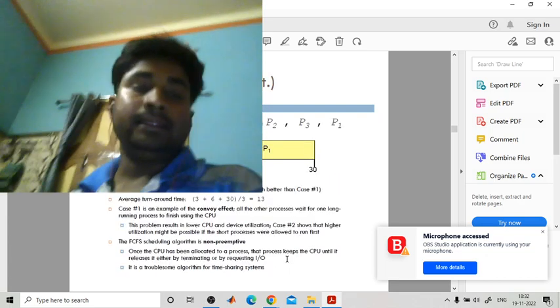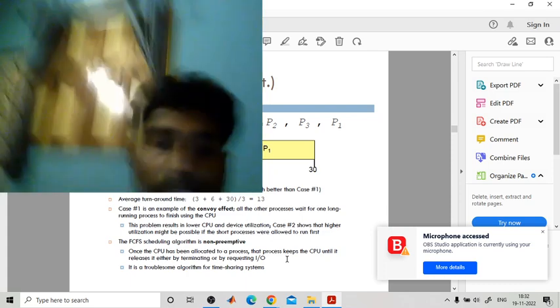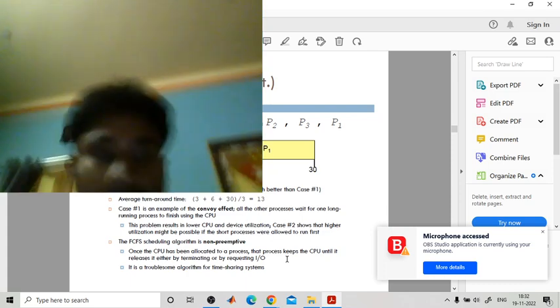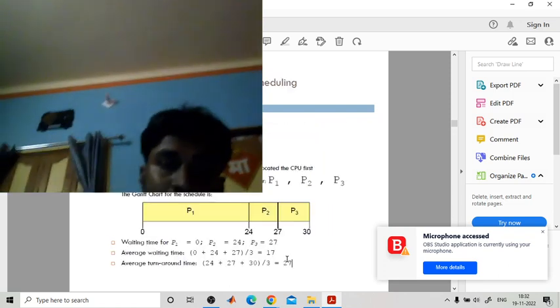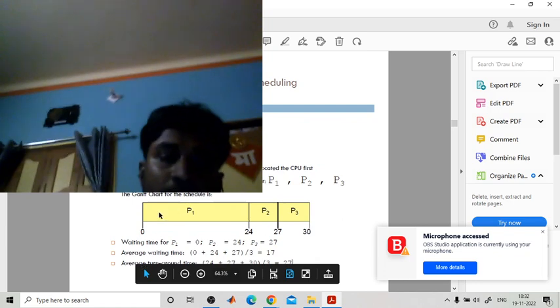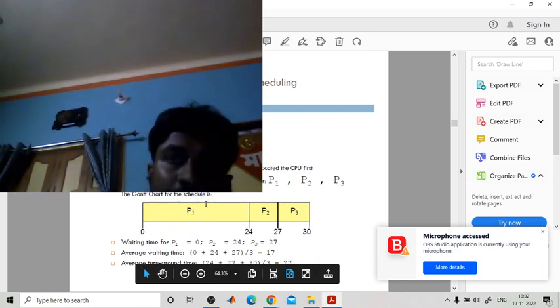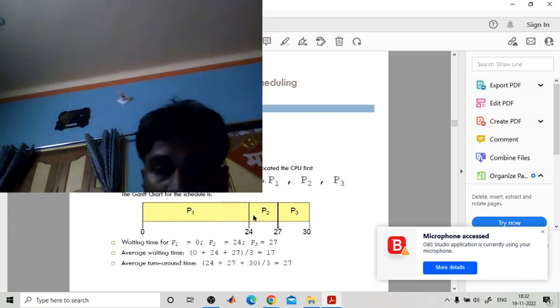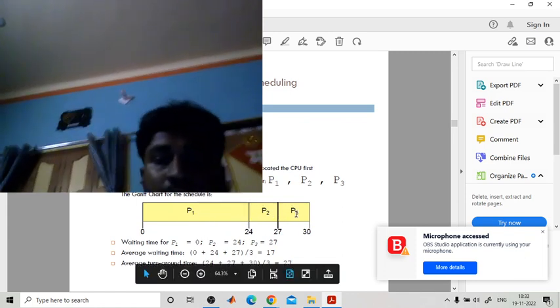So here in this algorithm, we may face some problem that is called the convoy effect. Okay. In this convoy effect, actually we can see when the process P1 is given priority first, P1 will execute for 24 milliseconds, and in this time P2 and P3 have to wait.